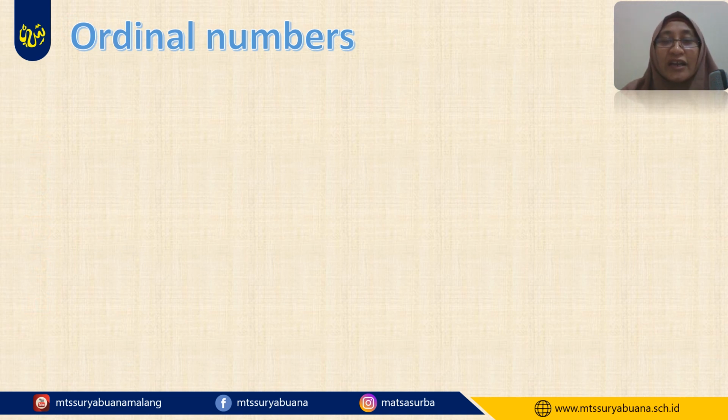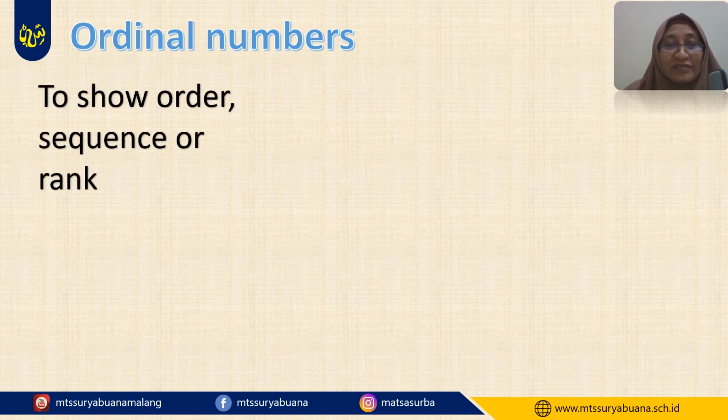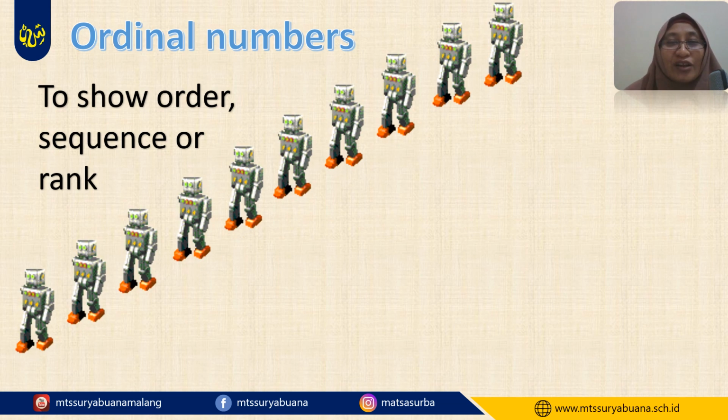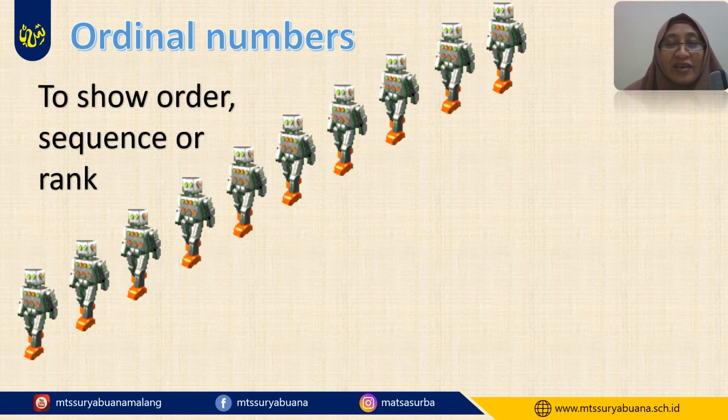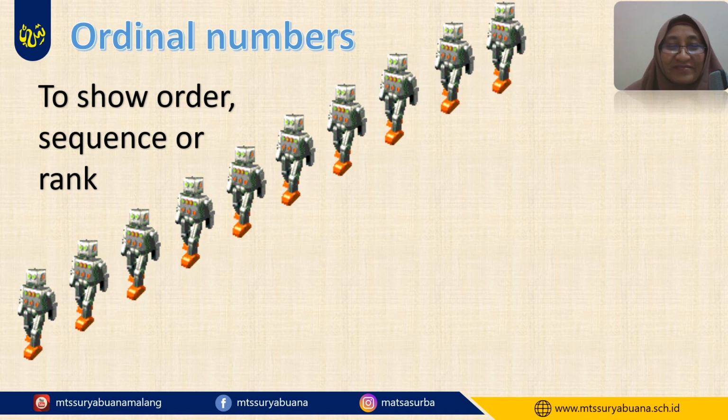After having an exercise about cardinal numbers, now let's continue talking about ordinal numbers. Ordinal numbers are numbers that are used to show order, sequence, or rank. Well, look at these robots. They are racing.